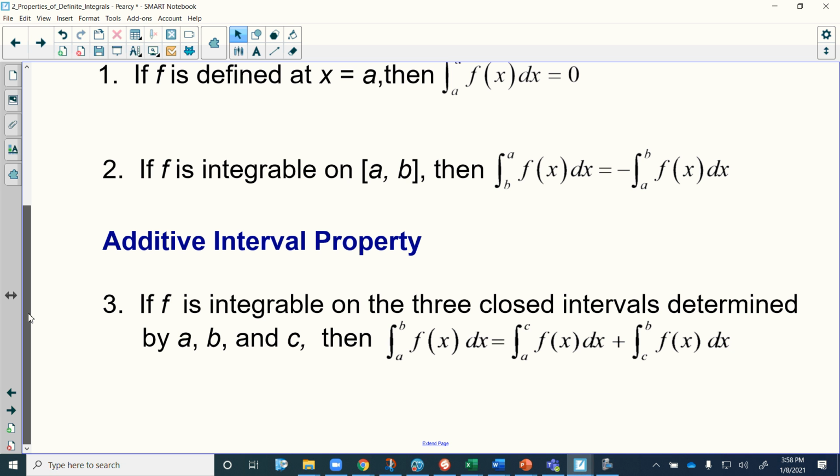Here, the additive property, this is essentially what we were just looking at, I believe, on problem number 11, where the upper and lower bounds were the same. This is very similar to the transitive property in geometry. If this and this are the same, then we can go directly from here to here, and that's kind of what we're seeing with that.